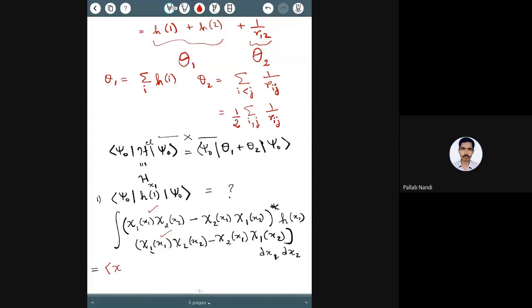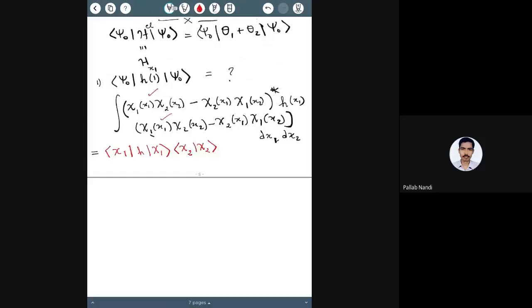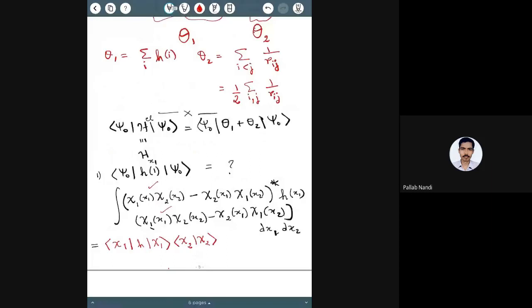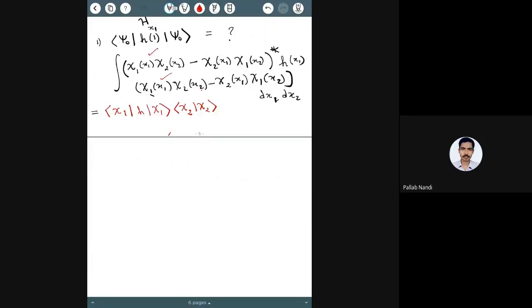So this is chi1 h chi1, and we have chi2 depending on x2 and chi2 depending on x2. Then we have the next term, this one and this one.